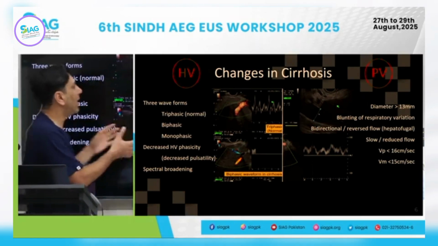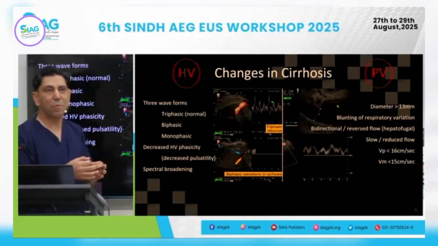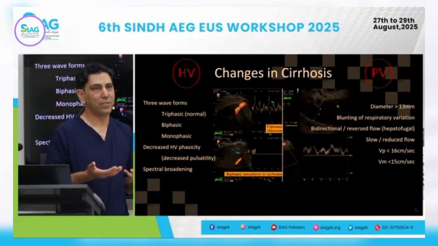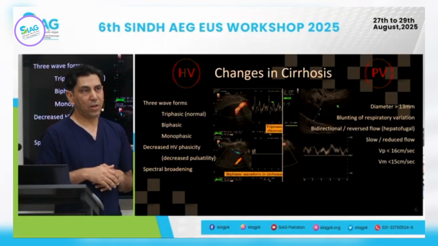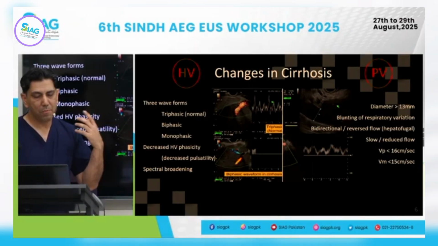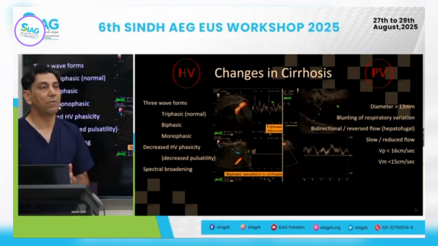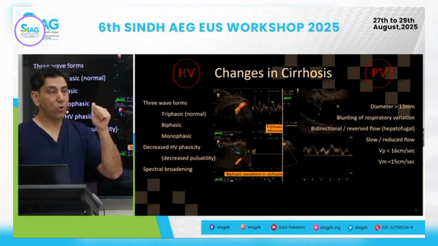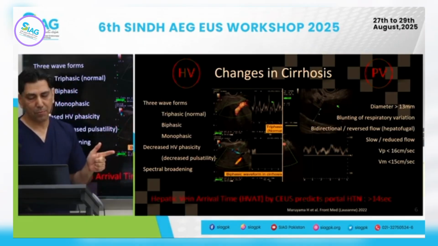So purely by looking at the waveform Doppler, if that triphasic waveform is diminished or lost, that can give you an idea that this patient may have an underlying portal hypertension. So I won't go into detail, but this should just give you a broad idea why looking at the vessels, why looking at a Doppler waveform can help not only in answering the steatosis question, but also in assessing underlying portal hypertension.